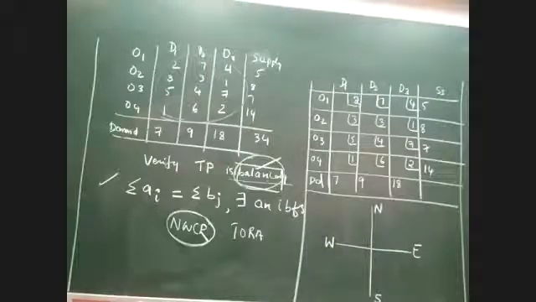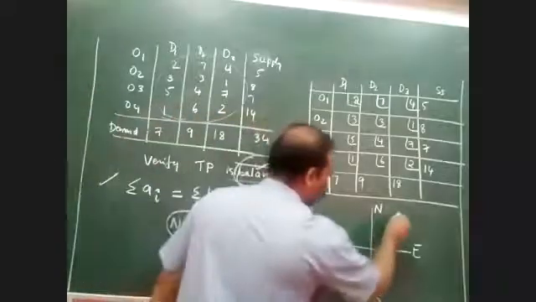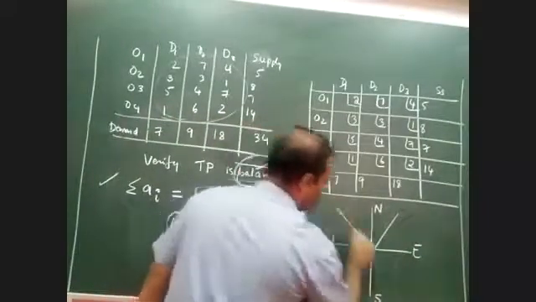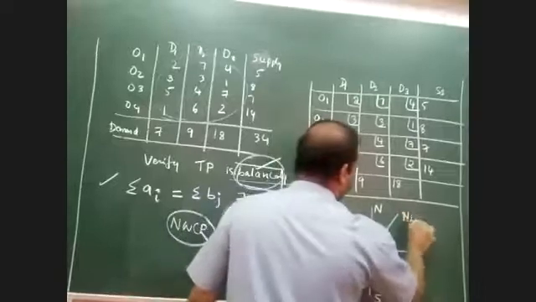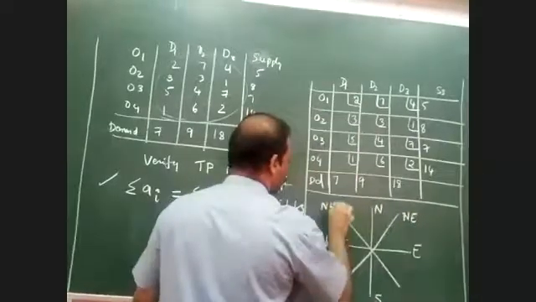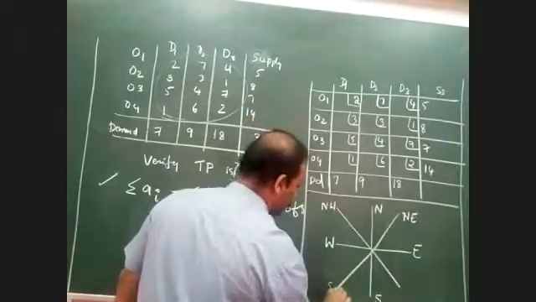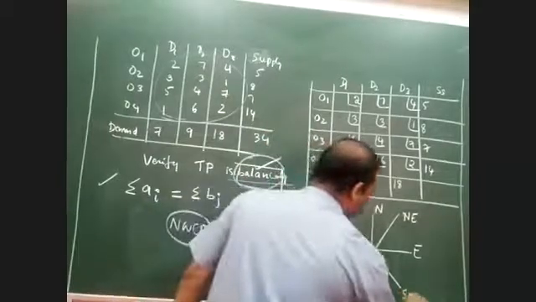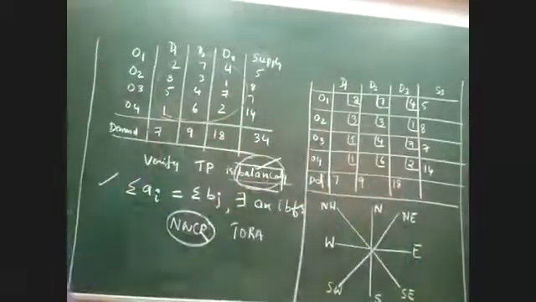In railways, the Indian Railways divides their zones based on these directions actually. Which are the other 4? Can you please tell me? Northeast. This is northeast, this is northwest, southwest, and this is southeast. Different zones of railways.